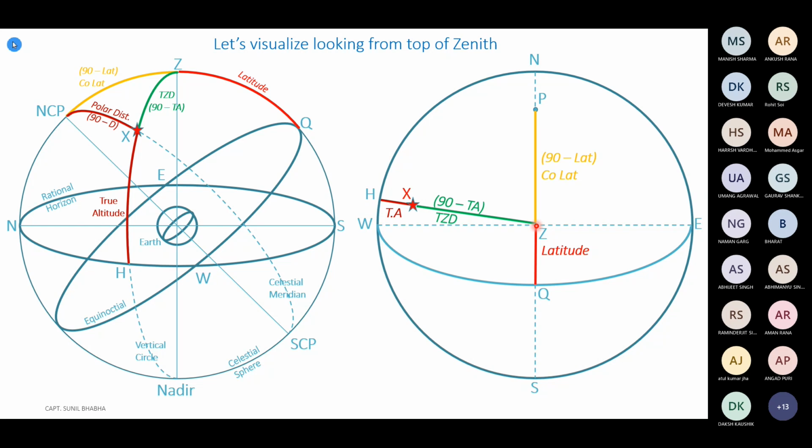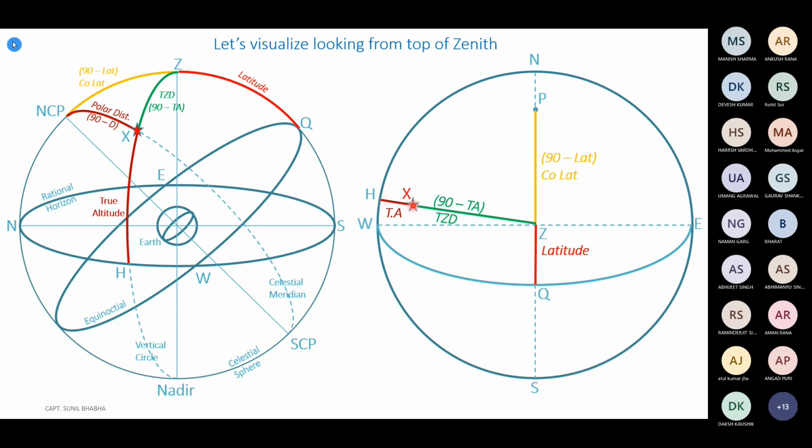So this indirectly tells us that the radius of this particular diagram is 90 degrees. That means from Z, if you go to the rational horizon in any direction, it will be a 90-degree arc. So from Z, if you move towards H, Z to H is total 90 degrees.